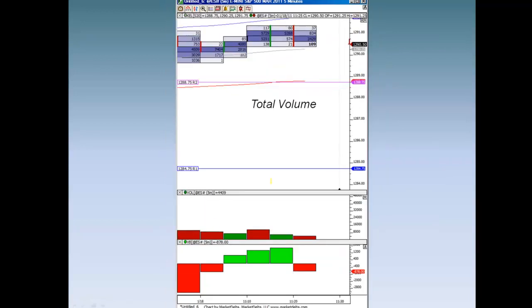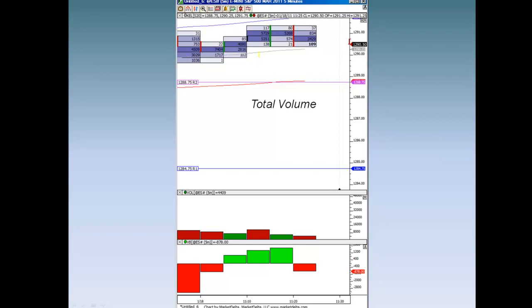Now, another way that we could look at the footprint is to completely do away with bid and ask and just look at pure volume numbers. And notice what the software does for us. It gives us different shading for different levels of volume. The greater the volume, the darker the color.